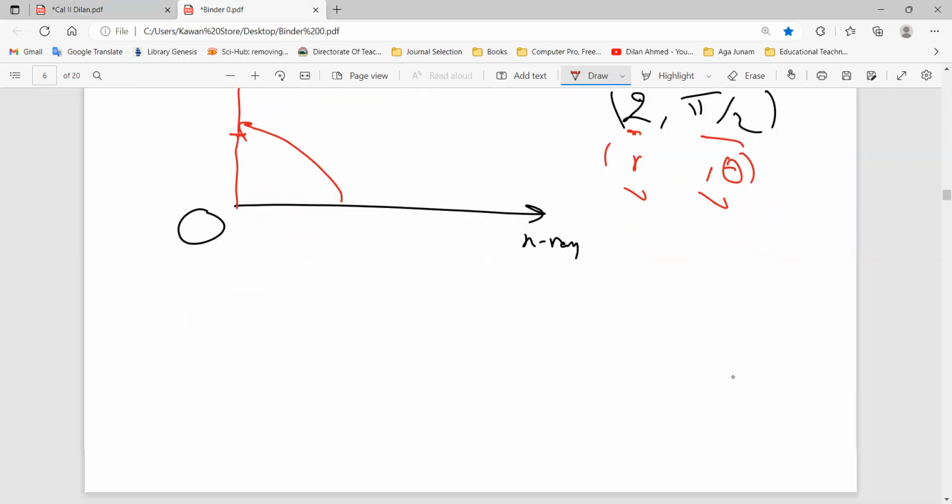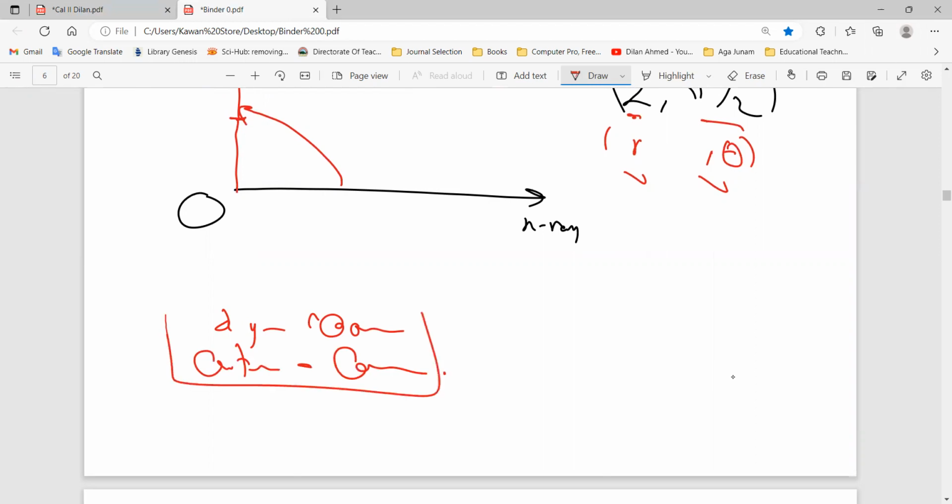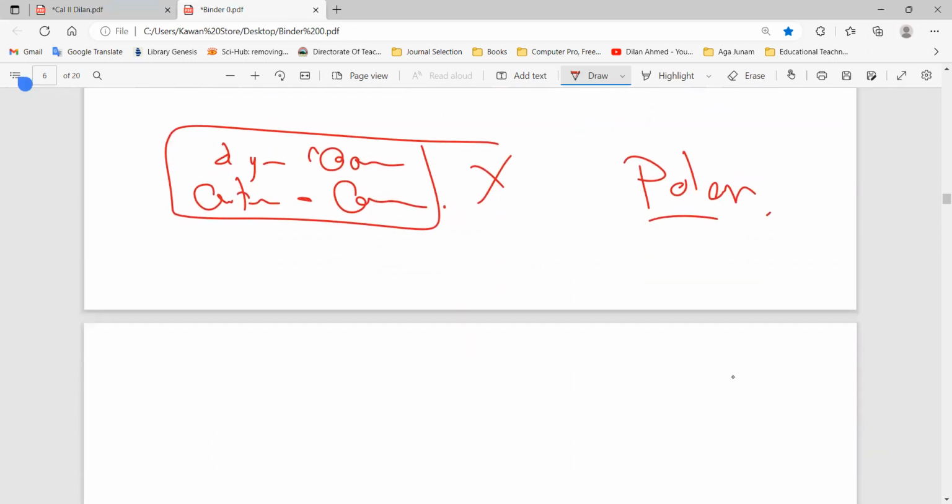The second point: in polar coordinates, another coordinate system, compared to XY Cartesian coordinates. Now we removed that and we are talking about the new one, polar. In the polar coordinate, r and theta system, the point is not unique.